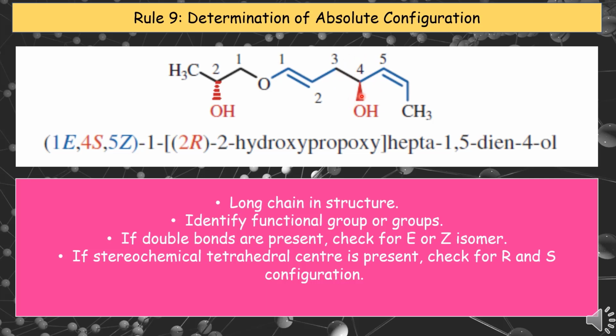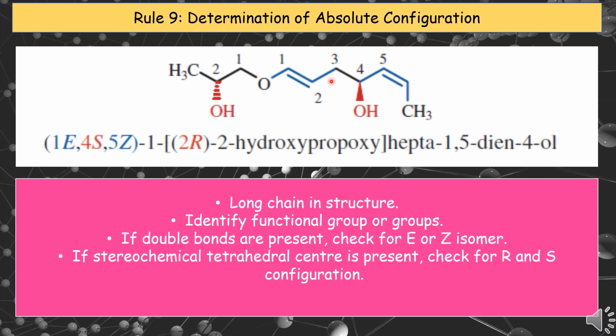So we consider 1, 2, 3, which is anti-clockwise. Anti-clockwise means it is given the name S, because the lowest priority is at the back side. So 4S, 5Z. Why is it Z? Because both the same priority groups are present on the same side. That's why it is Z.